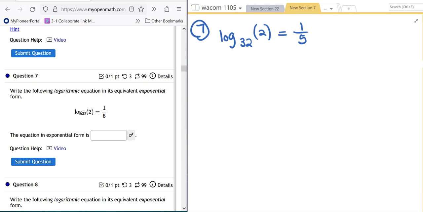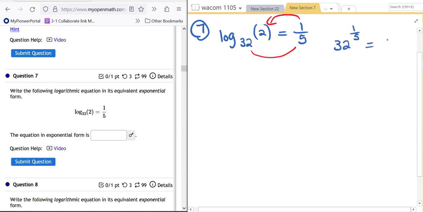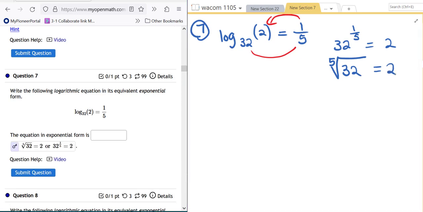You're still going to start at the base, and you're going to make a spiral around the equals. Right, so now exponential form will be 32 to the 1/5 equals 2. Or you could also write it with a radical. Either one should be accepted. This would be the 5th root of 32 equals 2. Let's see what they put. You could do either one.